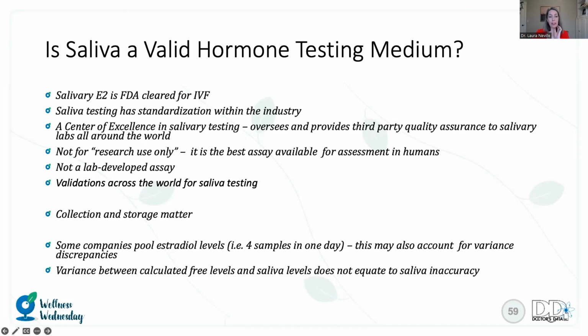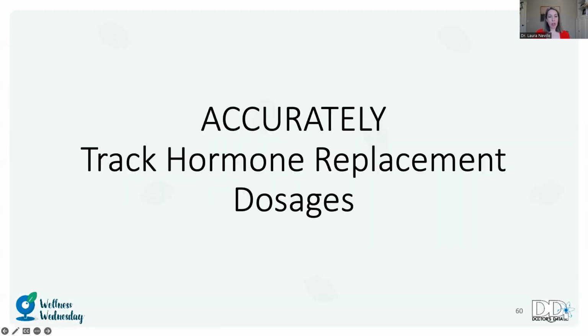And then variance between calculated free levels and saliva levels does not equate to salivary inaccuracy. I'm pulling that from, remember, if we assume serum to be the gold standard, the end all be all, and then we're comparing that to saliva, I think saying saliva is inaccurate because it doesn't match up with the free calculated serum levels is not correct.